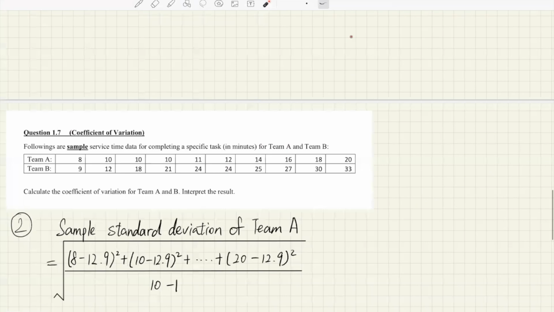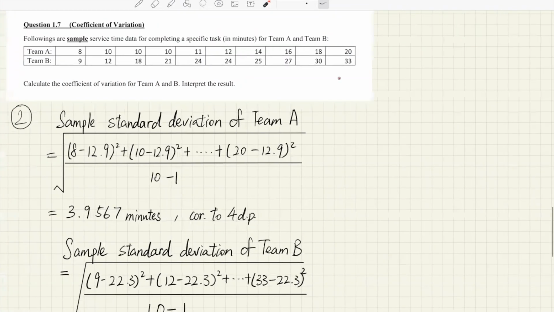In the second part, we have to find the sample standard deviation of Team A and Team B. The formula of sample standard deviation is the square root of the summation of data minus mean squared, divided by the total number of data minus 1. So for Team A, it equals the square root of (x minus 12.9) squared plus (10 minus 12.9) squared and add up to the last data, (20 minus 12.9) squared, divided by 10 minus 1.